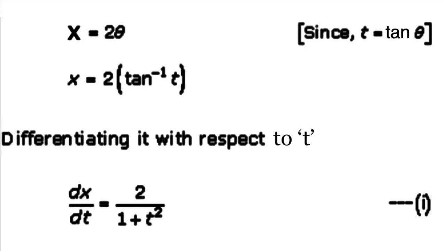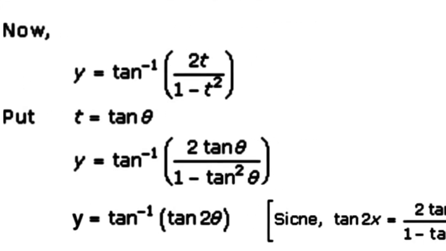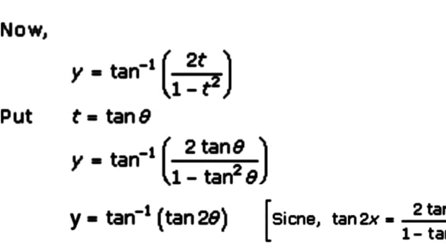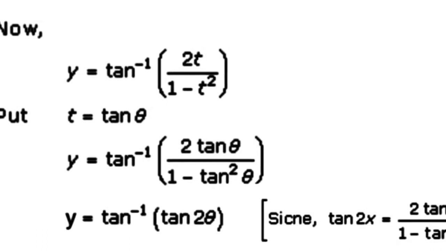Now we are going to differentiate it with respect to t. So we will get dx upon dt equals 2 into derivative of tan inverse t, which is 1 upon 1 plus t square, which is equation number 1. Now y equals tan inverse of 2t upon 1 minus t square.